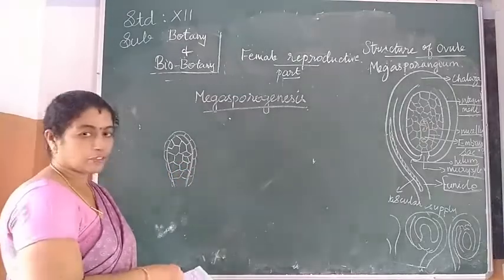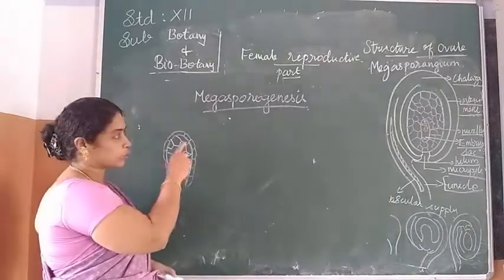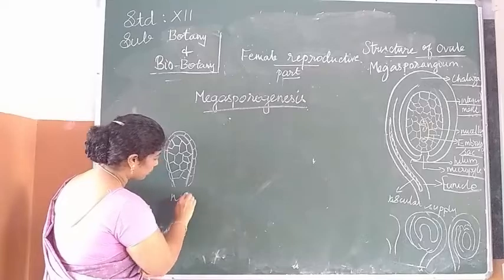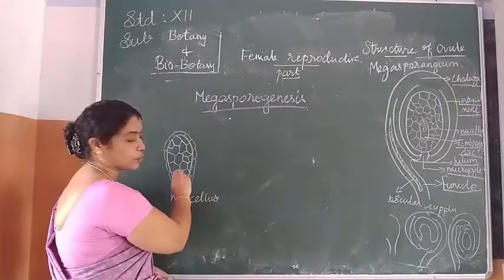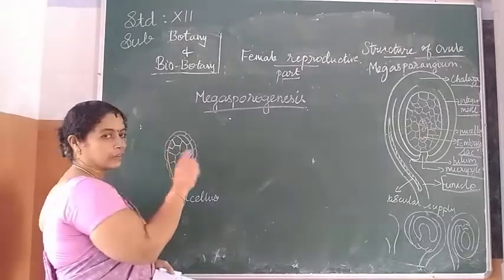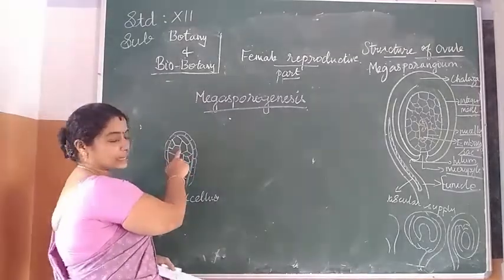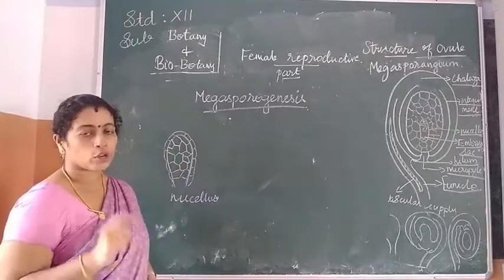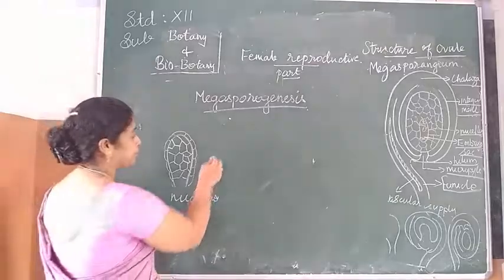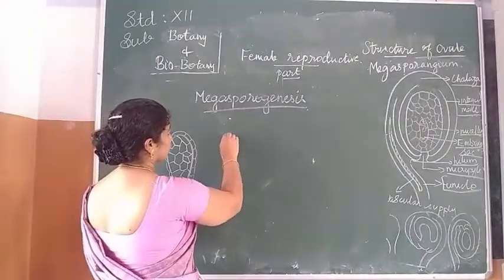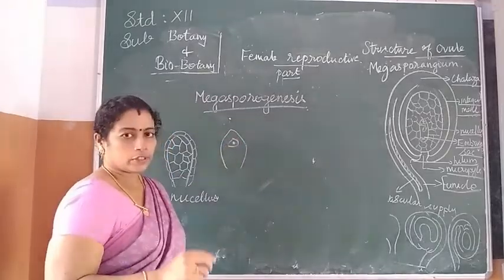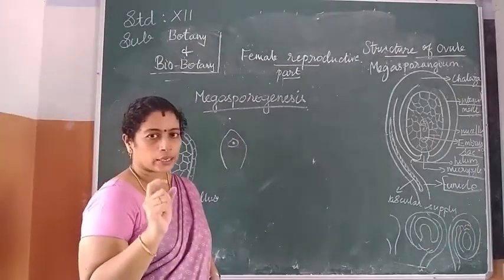So this is the first formed, the nucellus. Then during the development, one of the cells of this nucellus will act as an archisporium. One of the cells will act as an archisporial cell.